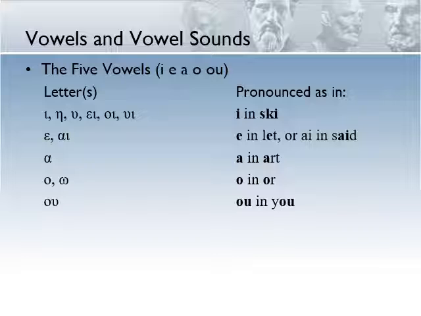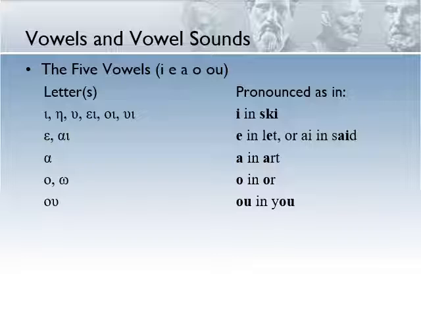The last vowel sound is covered by the combination of omicron and upsilon occurring together. Now, omicron by itself makes O, upsilon by itself makes E. When you have these 2 occurring together, it's not O-E, it is U, pronounced oo.